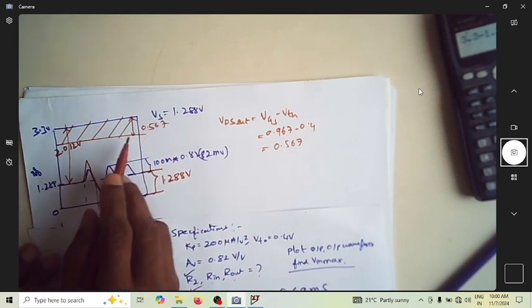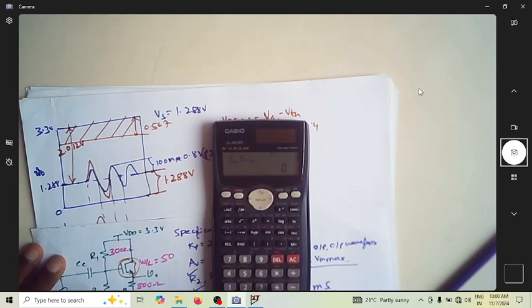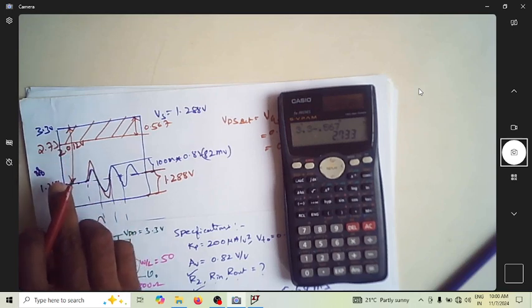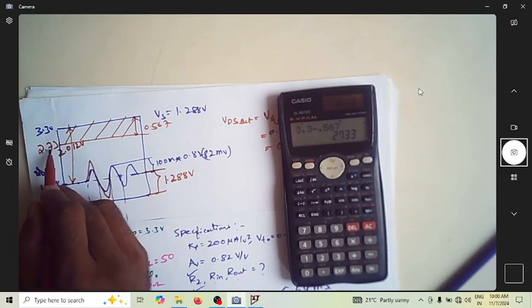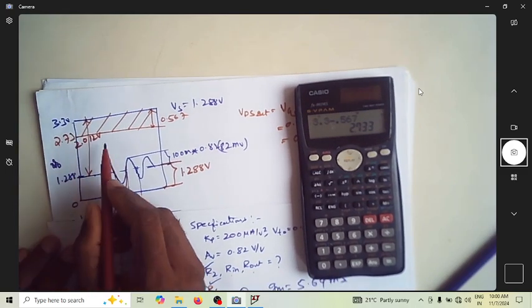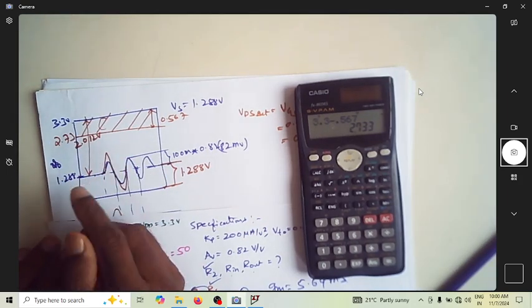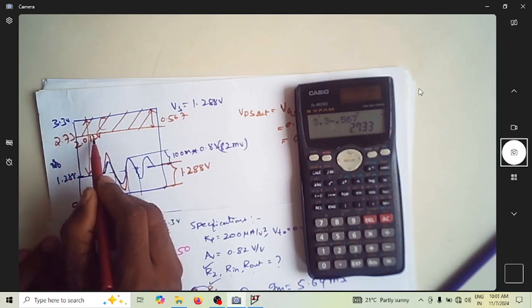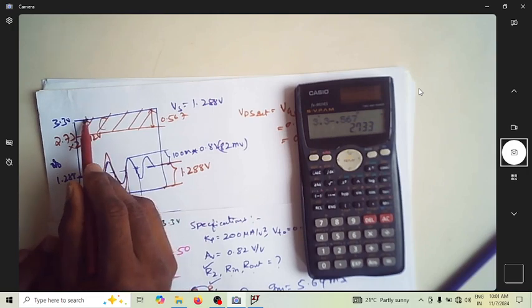So this voltage is 3.3 minus 0.567, which is 2.73. Your output can go on the positive side not beyond 2.73. Suppose it goes beyond 2.73, then the MOSFET enters the linear region. So even though you have a swing from this to VDD of 2.012 volt, not the entire voltage is available for swinging, because that includes this voltage also.